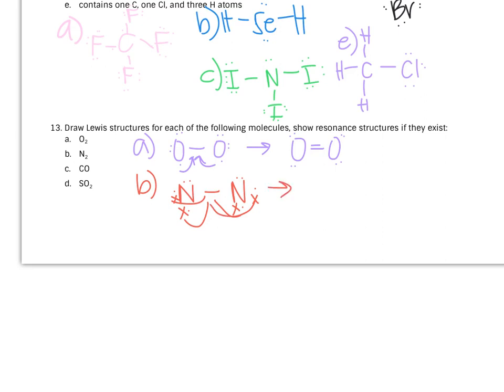Remember nitrogen? Nitrogen is extremely likely to form a triple bond, but they'll still have a lone pair like that. Okay. C.